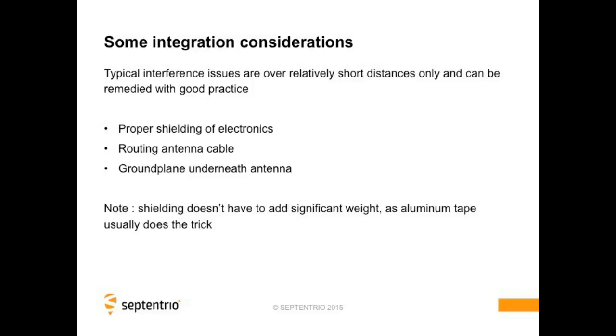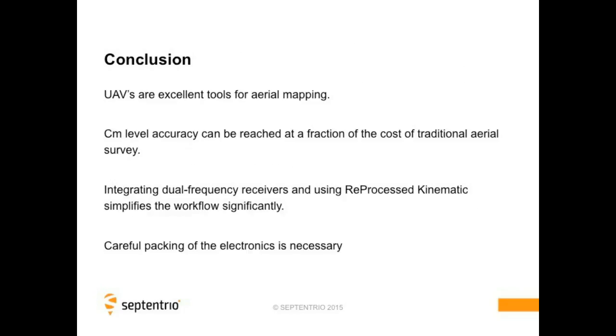So to come to a conclusion, I don't think anybody here doubts that UAVs are excellent tools for aerial mapping. Centimeter level accuracy can be reached by using dual frequency receivers on the platform. They allow for taking images at a fraction of the traditional aerial survey costs.